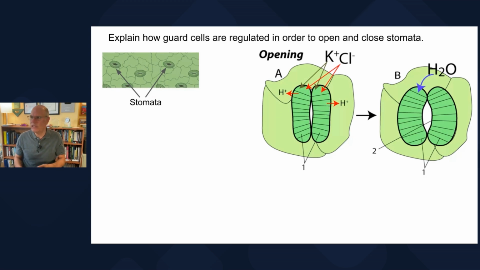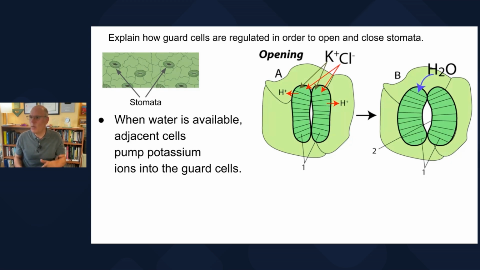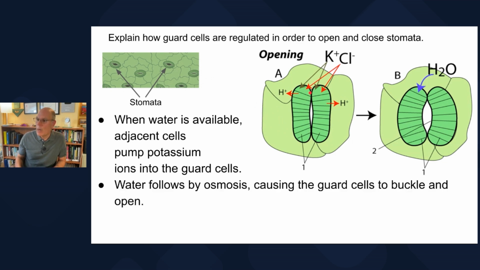How are these guard cells regulated in order to open and close? When water is available, the adjacent cells, so not the guard cells themselves, but this cell over here, this one over here, they pump potassium ions into the guard cells. Here you see potassium that's getting pumped in.